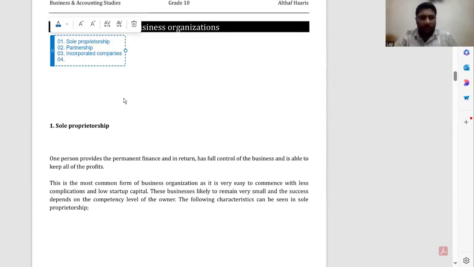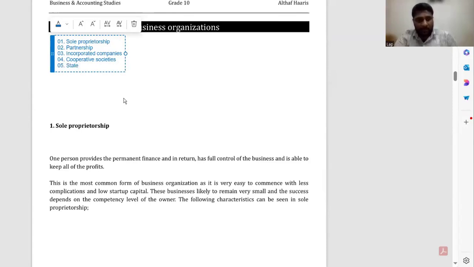Fourth one, cooperative societies. Fifth one, state. State means another name for government.